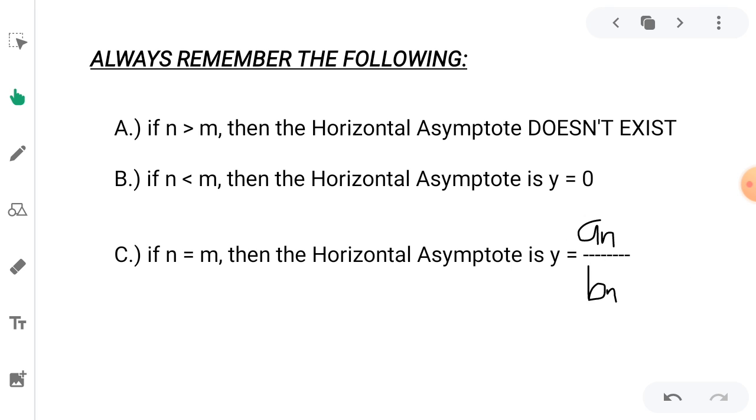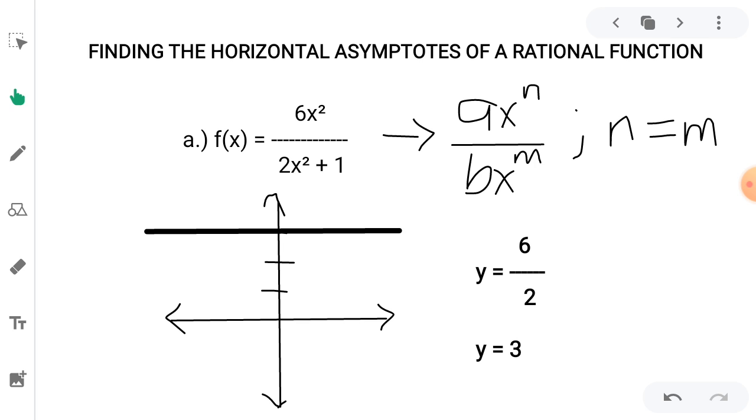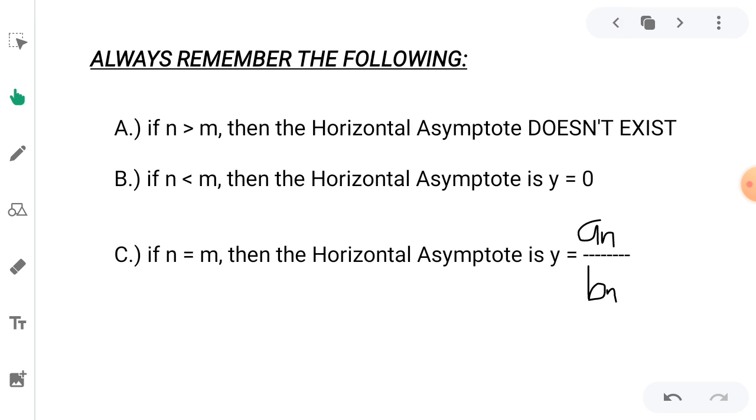For example, if f of x is equal to 6x squared all over 2x squared plus 1, titignan natin yung exponent sa taas. The exponent sa taas is 2 and same with the denominator. Therefore, since they are equal, this is the formula.